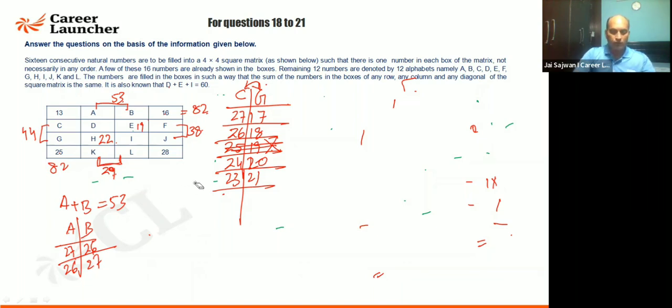From this combination, if you don't mind, can I say if 27, 26 are going to come here, I cannot have 27, 17 or 26, 18. So the possibilities here are 24, 20 and 23, 21. I believe it is clear. Anyone, any doubt here?